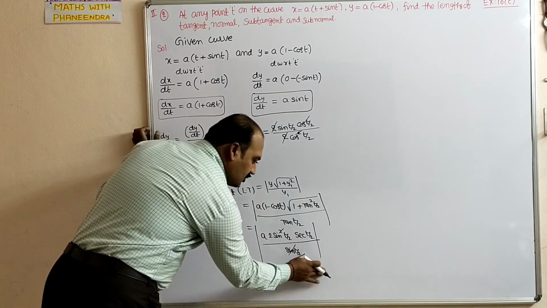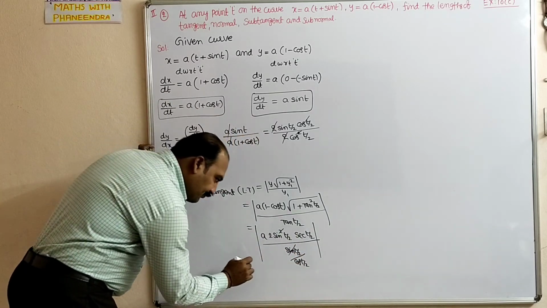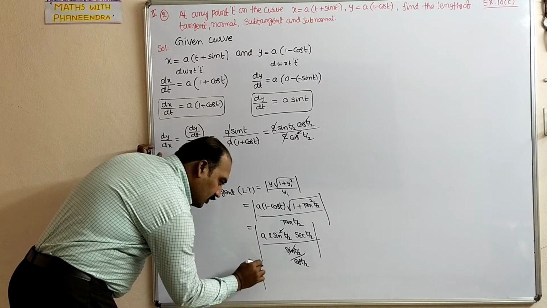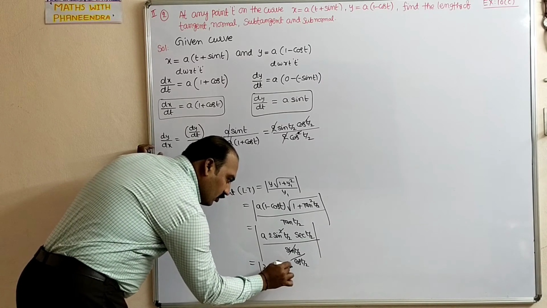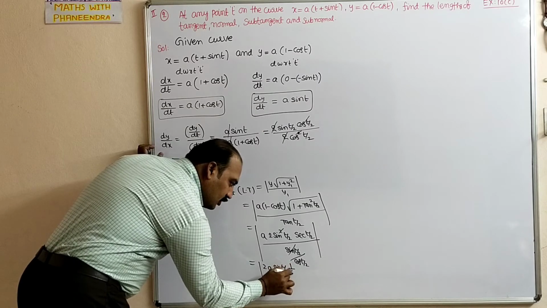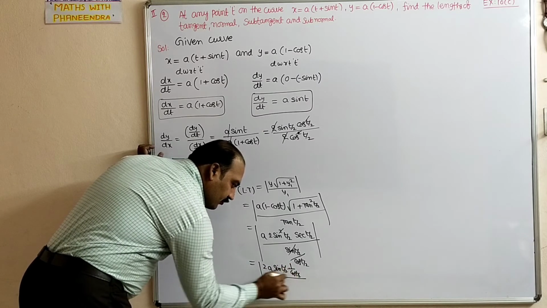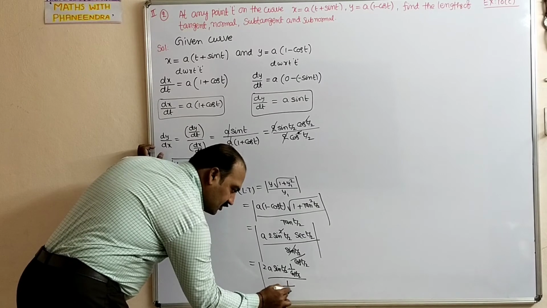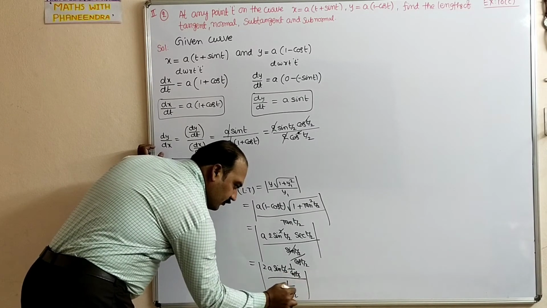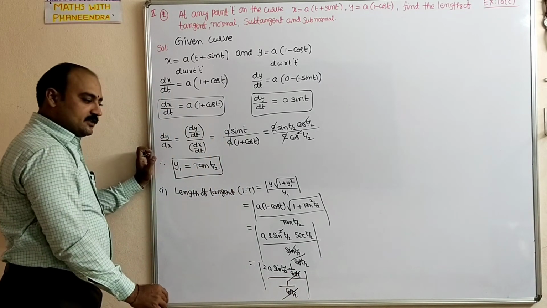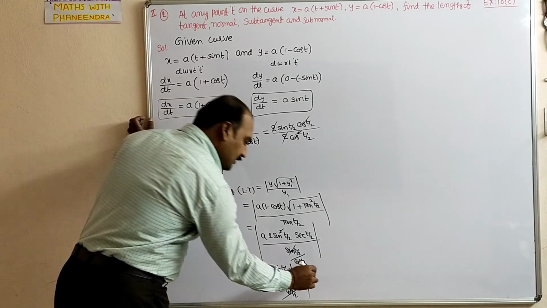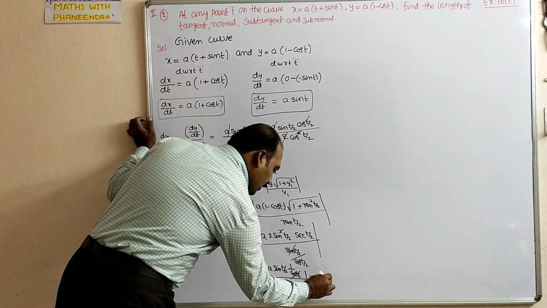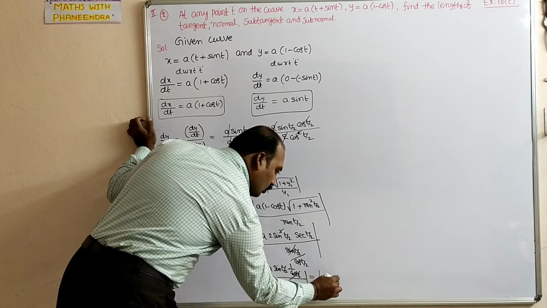So one more step here, we will write it: mod 2a into sin t by 2, by cos t by 2, by 1 by cos t by 2. Cos t by 2 gets cancelled. The value of length of tangent is mod 2a into sin t by 2.